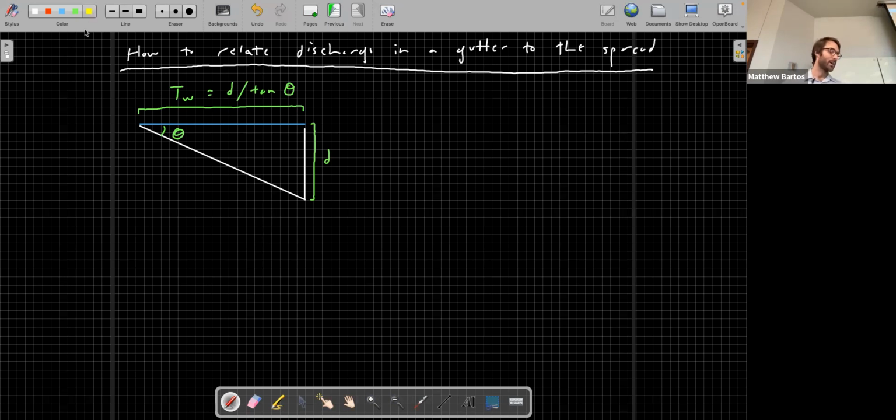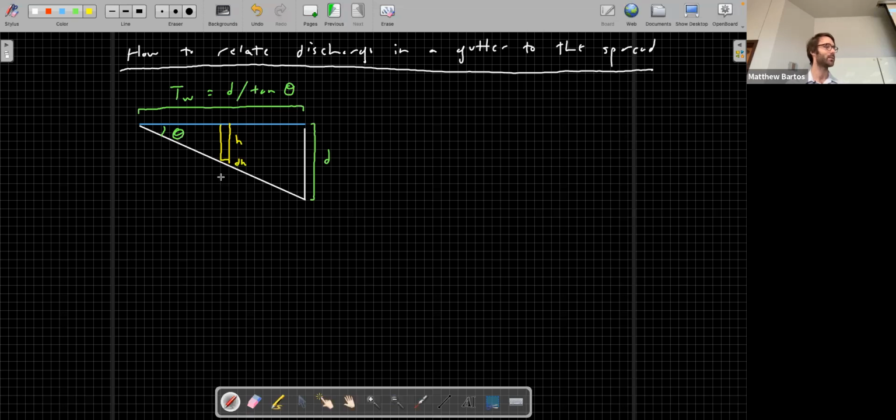Okay. So to figure out the discharge for a given spread, we're going to look at an infinitesimal element of flow along this gutter section. Okay, so it's divided into a triangular portion and a rectangular portion. We're going to call the height of this rectangular portion H. We're going to call the height of this triangular portion dH.